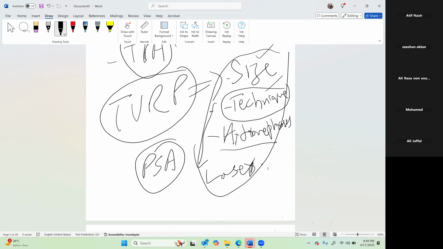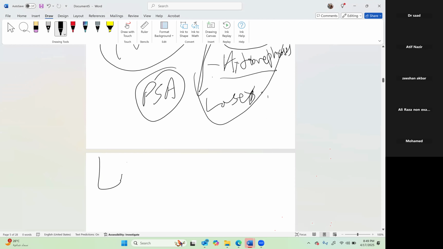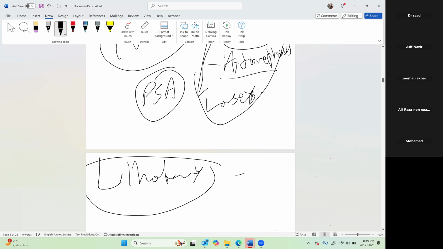So you will discuss with the surgeon the prostate size, what technique he is going to use, if there is any hydronephrosis, and if there is any possibility of prostatic cancer. These are the important things. Another important point about this surgery is the lithotomy position. Can the patient assume the lithotomy position, or is there any restriction?